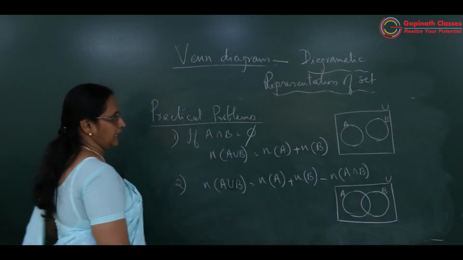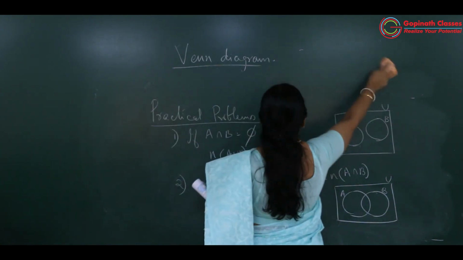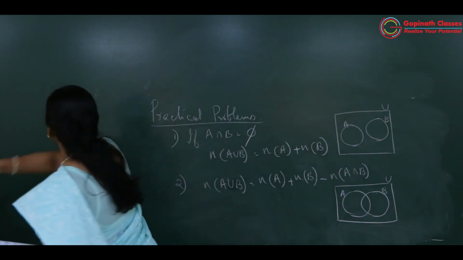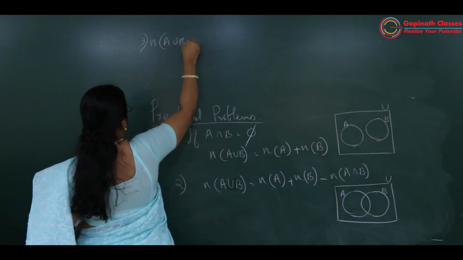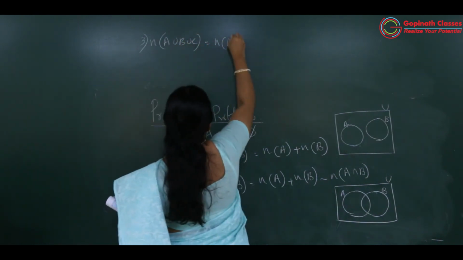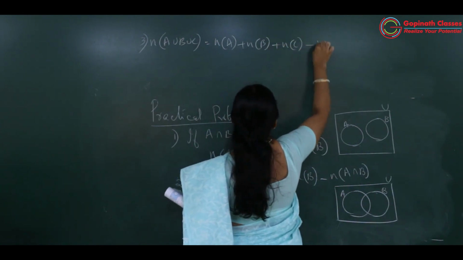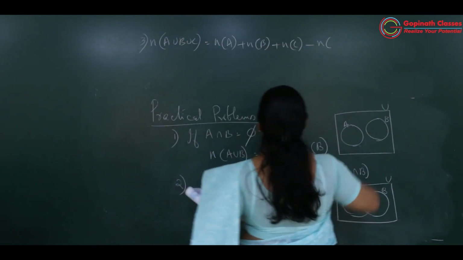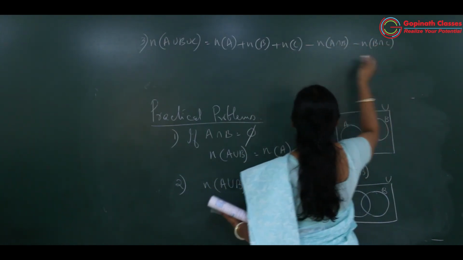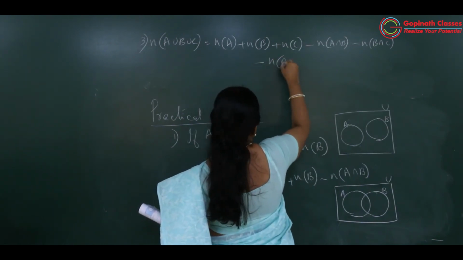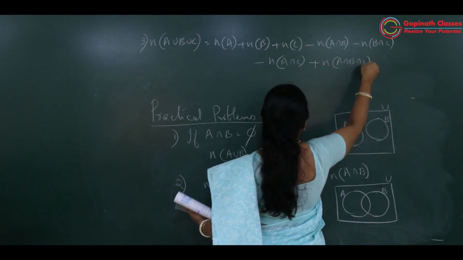Then one more formula is there. The third one is, if there are three sets, number of A union B union C is equal to N(A) plus N(B) plus N(C) minus N(A intersection B) minus N(B intersection C) minus N(A intersection C) plus N(A intersection B intersection C).